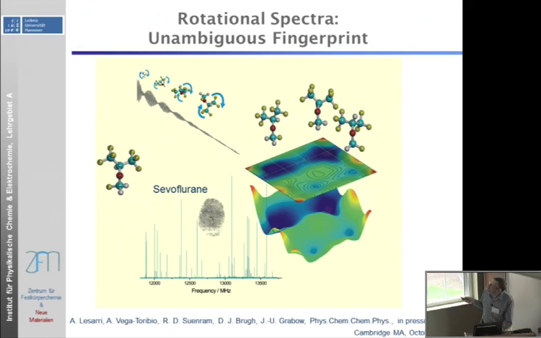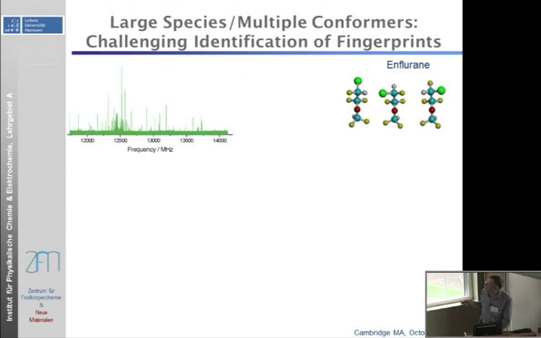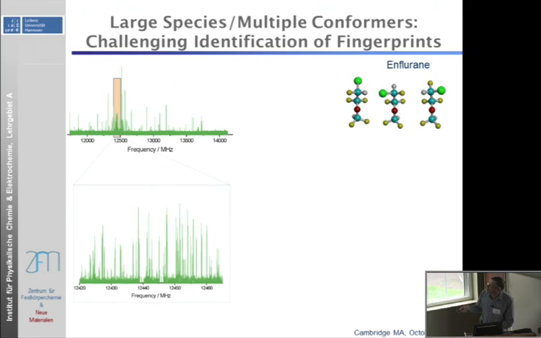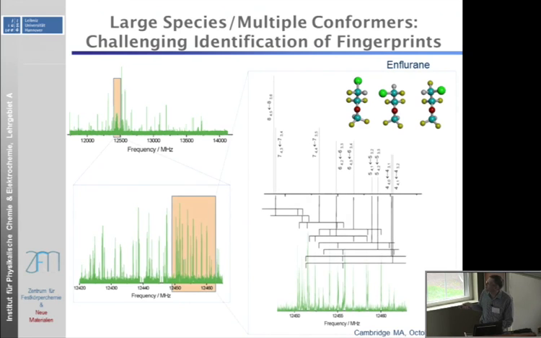But before, we looked at this molecule, which is an anesthetic, and that was actually an interesting spectrum. You look at this, you see a number of lines. For microwave, that's a lot of lines. I made more than one paper that had less than 10 lines. Infrared people maybe are not impressed, but for us, that's a lot of lines, because you can zoom in here, and you see more lines.